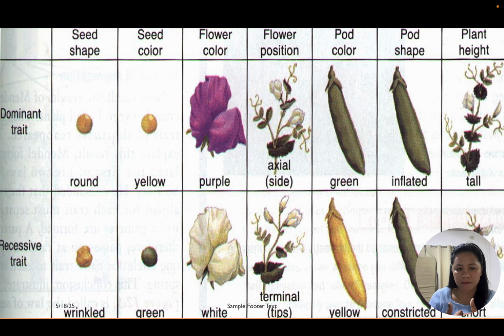Flower position naman, meron tayong axial, pwede siya sa side. And meron naman tayong terminal, yung sa center lang talaga nagagrow yung flower. Yung pod color naman, green and yellow, pod shape, inflated or constricted. And plant height naman, it's either tall or short. Okay?